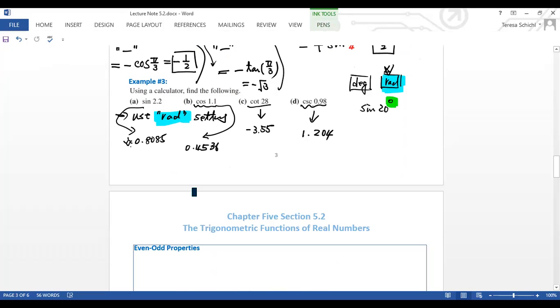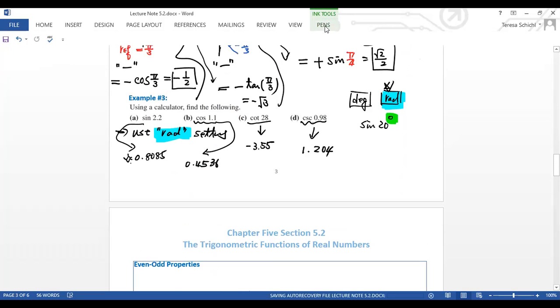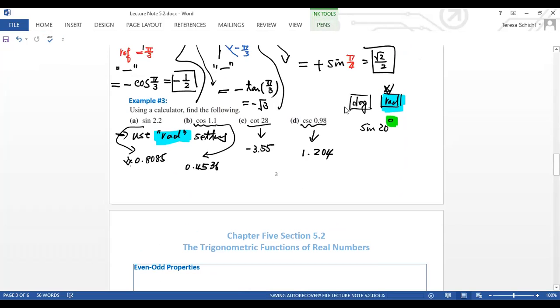Some people say, hey, my calculator does not have the function for cotangent, for example. How do I do it? If your calculator does not have a cotangent, what you should do, because I know the tangent t is equal to y over x, and the cotangent t is equal to x over y.